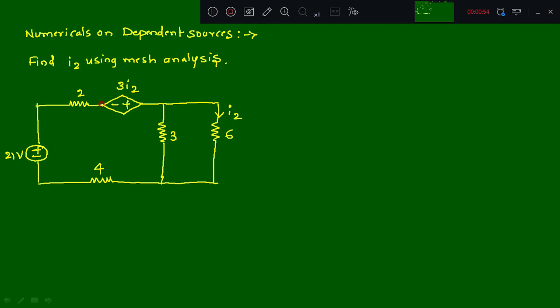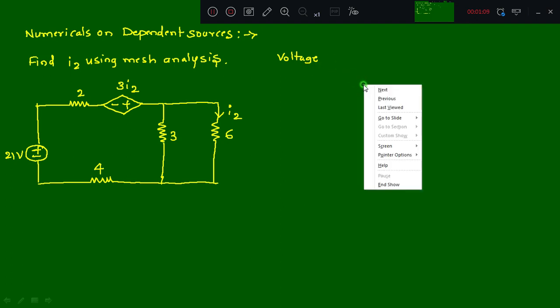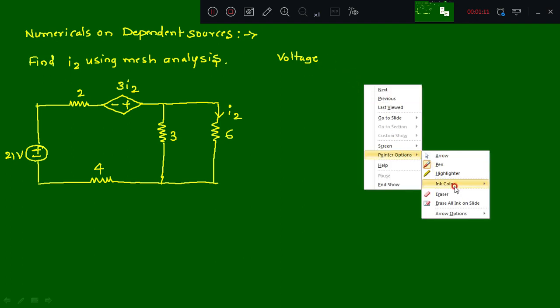This is a voltage source, but it depends on some current value.